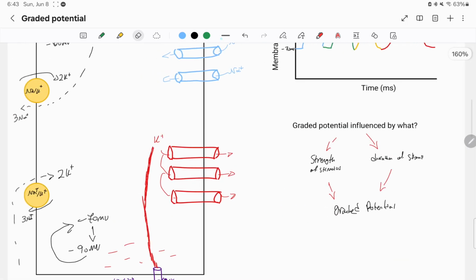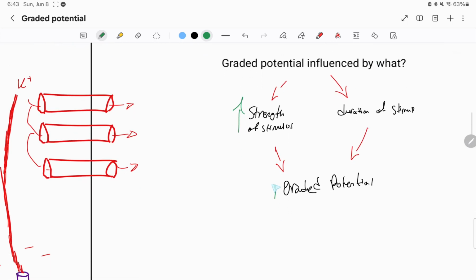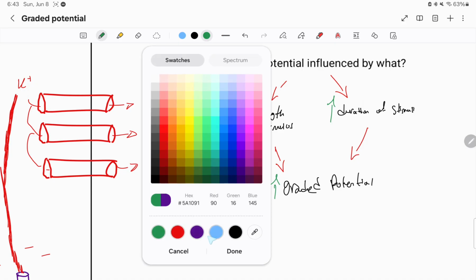Okay, so let's put arrows here so we can understand. If the strength of stimulus is high, then my graded potential magnitude is high. If my duration of the stimuli is high, then my graded potential is also there for a long period of time.